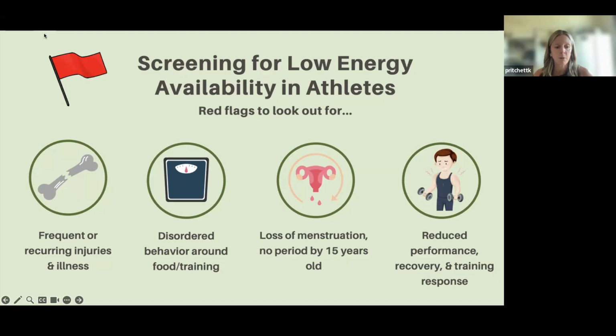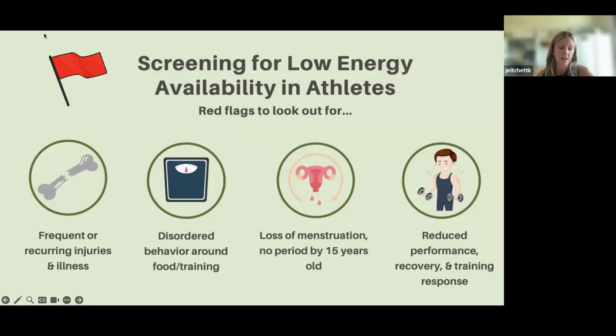And so some things that you may see: frequent or recurring injuries. We can get really specific with this, from stress fracture incidence and also site of stress fracture as well. If an athlete has had 2 or more stress fractures in the past year, that is a pretty telltale sign that the athlete has low energy availability.